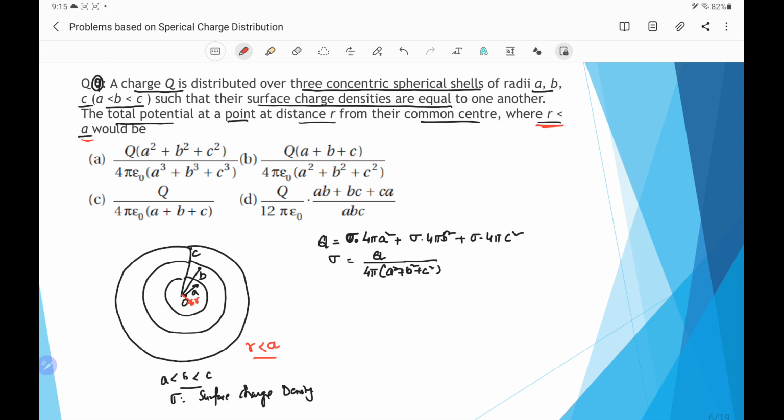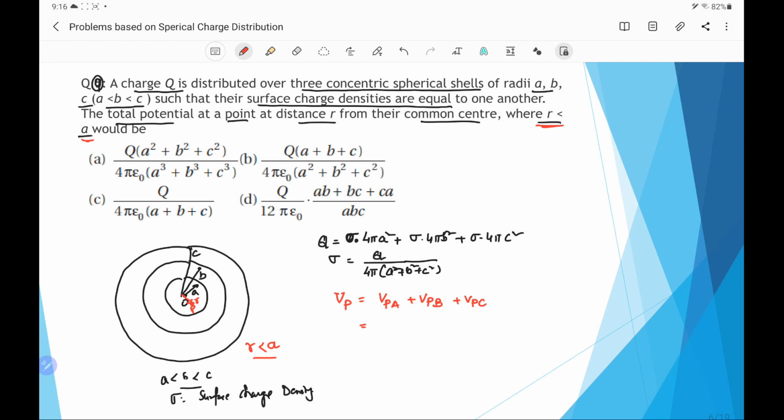For the point P, which is inside the spherical shell A, the potential will have 3 components. Potential at P due to the shell A, plus potential at point P due to the shell B, plus potential at point P due to the shell C. And this is a scalar quantity, so we have to take the algebraic sum.